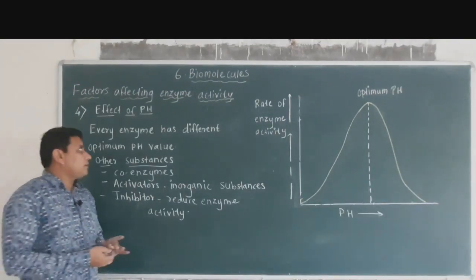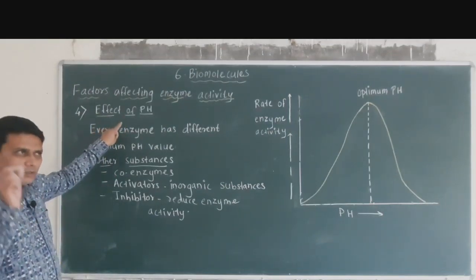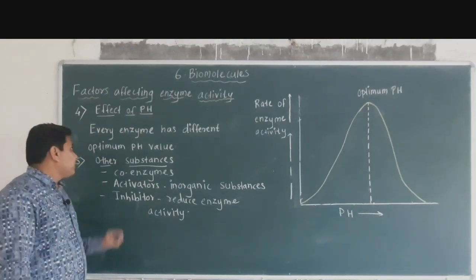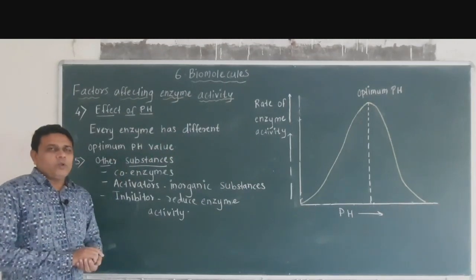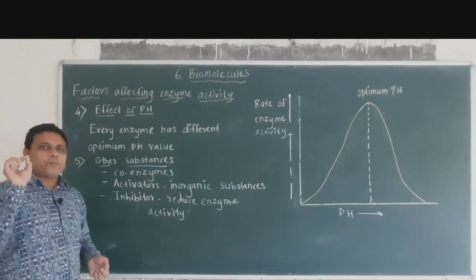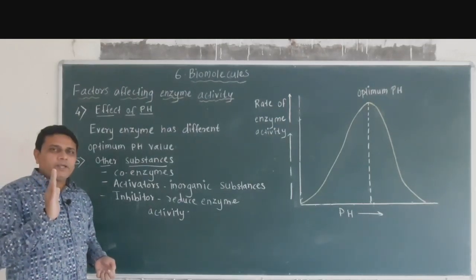Then the next factor is pH. So, pH affects the enzyme activity. Now, every enzyme has a different optimum pH value. Optimum pH value means at a particular pH, the enzyme activity will be maximum.